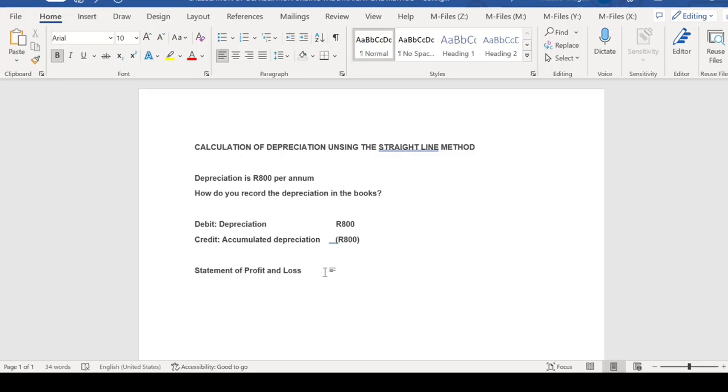In the statement of profit and loss, there will be depreciation debited with 800 for the year ended. And then in the statement of financial position, let's see.